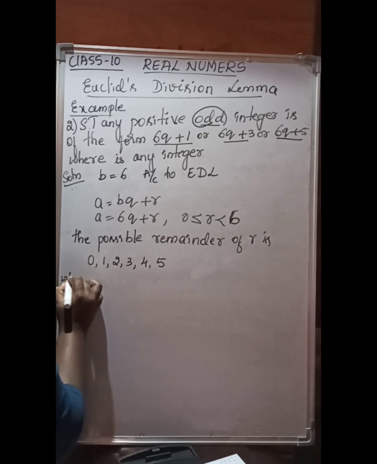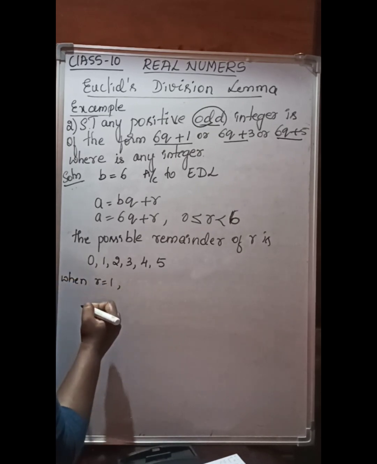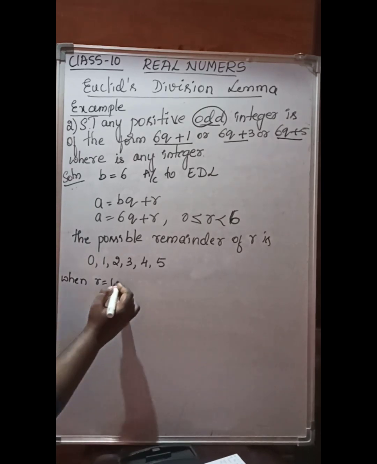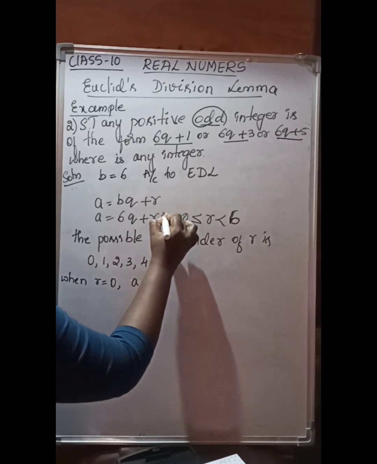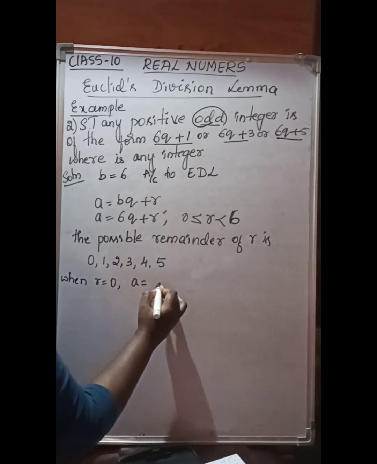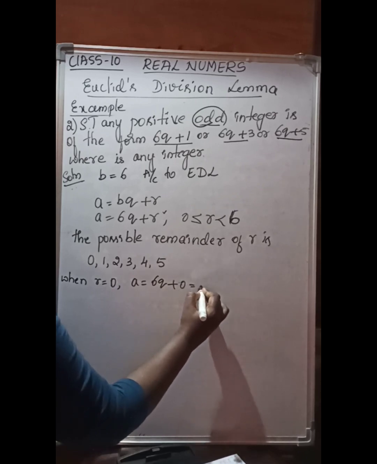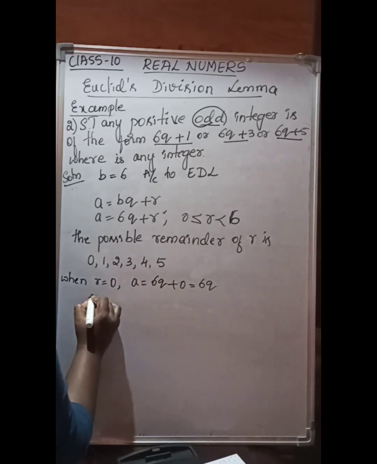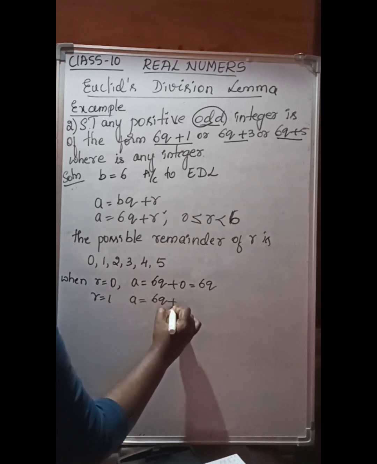Now apply these remainders in the given equation. What will happen? You check it out. When r is 0, what will be the equation? In a equals 6q plus r, you substitute: r is 0, so you will get 6q. When r equals 1, a will become 6q plus 1.